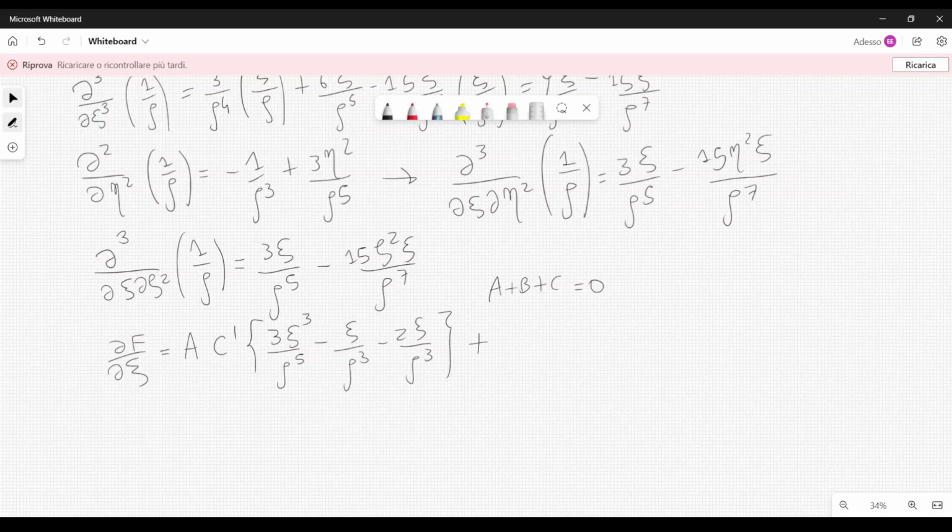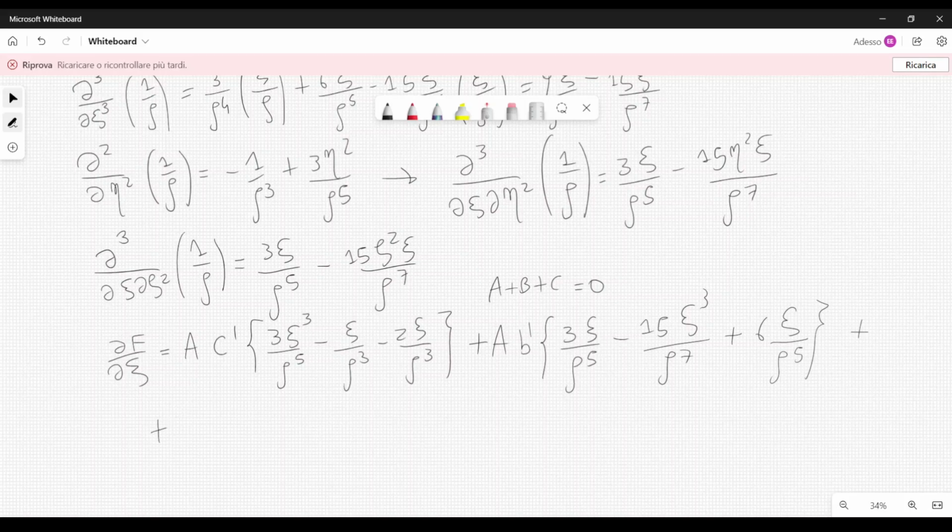And then similarly for the other terms, you have a b prime, and then here you have 3 xi over rho to the 5th power minus 15 xi cubed over rho to the 7th power plus 6 xi over rho to the 5th power.